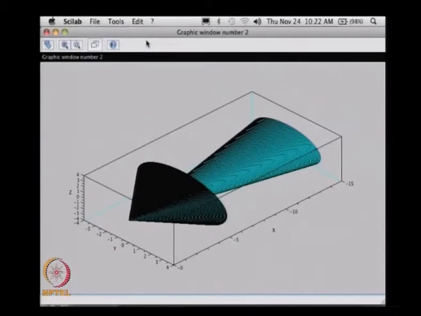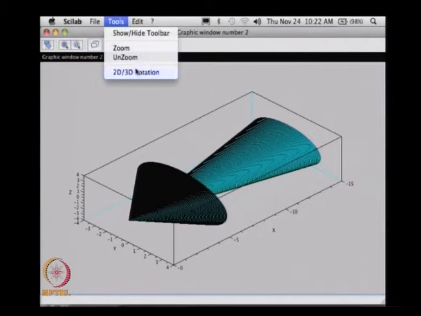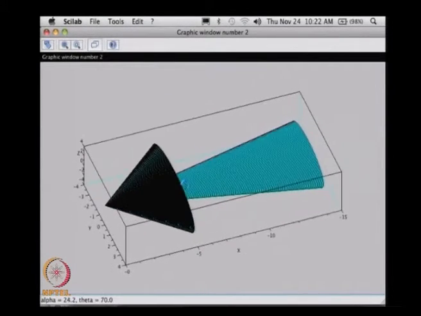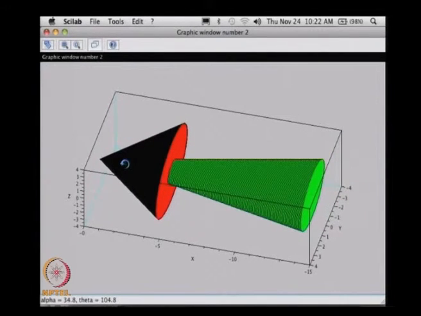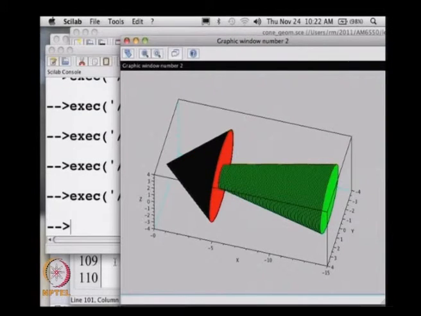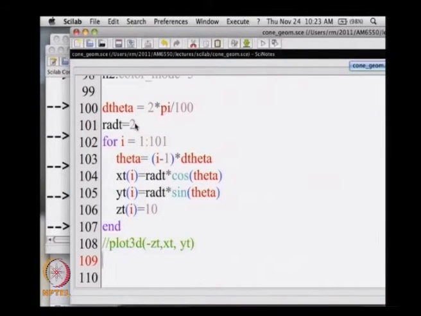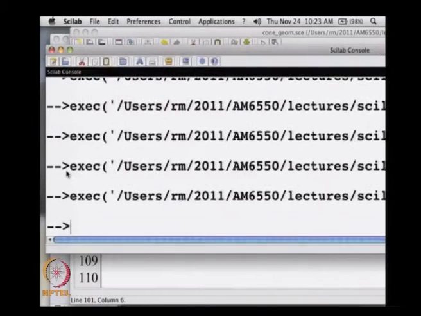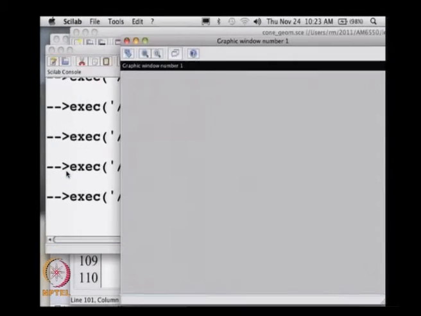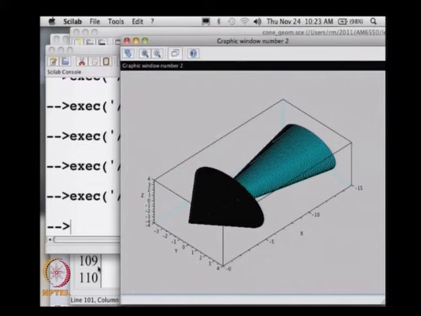Am I seeing something here? I'm probably not seeing something here. Let me go ahead and do this one more time. Okay, fine.